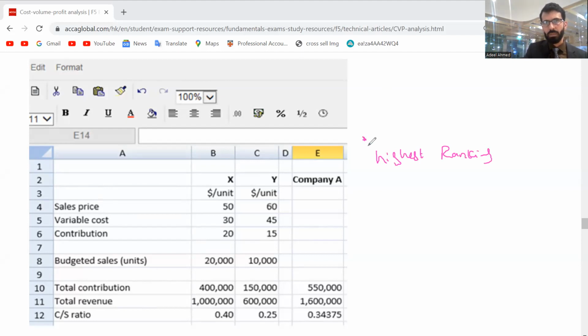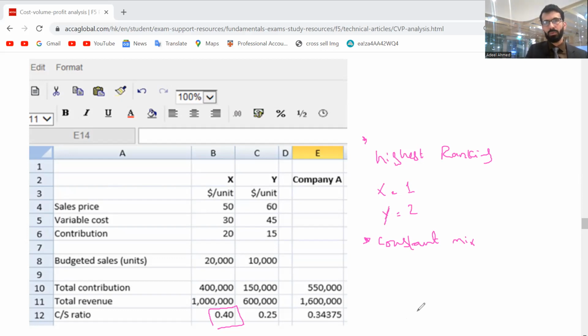And the other assumption was that the products will be sold in a constant mix. So if we have to follow the highest ranking CS ratio, as you can see, the CS ratio for product X is greater. So it means that product X will be produced first, and then we will go on and produce product Y.